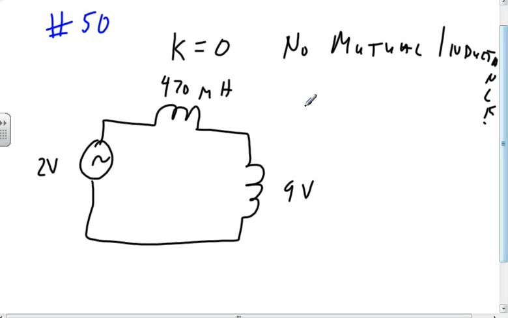All right, so there's no mutual reactance. I've got this, I got that. This is 9 volts. That's 2 volts. Isn't that nice? So the issue is, determine L2. All right, so current RMS is equal to 100 milliamps.